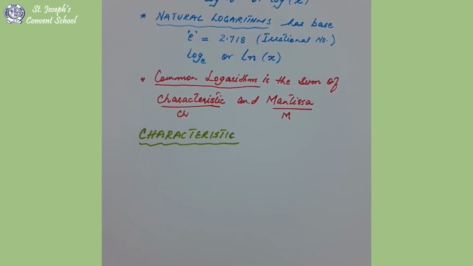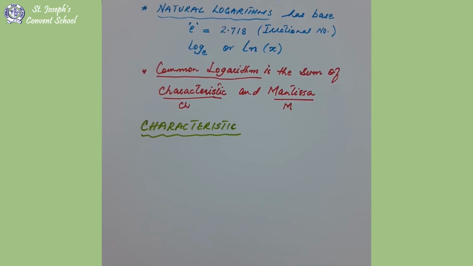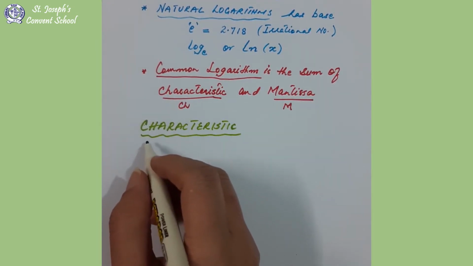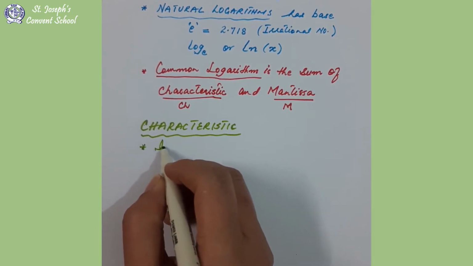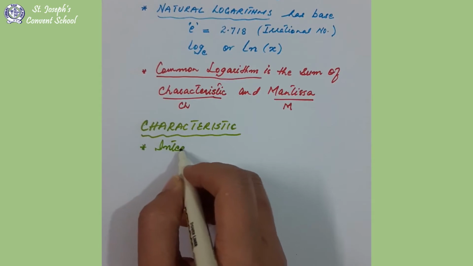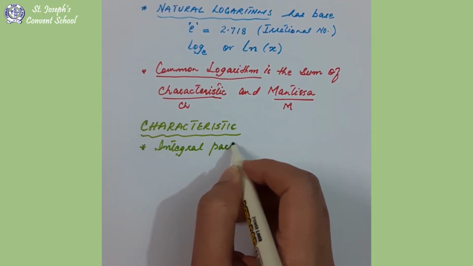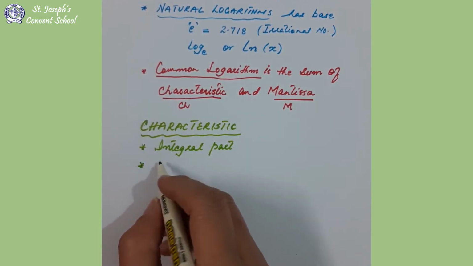When you convert the number into scientific form, you must have done it in physics. So characteristic is actually the integral part. Okay, characteristic is the integral part, and it can be both positive or negative.